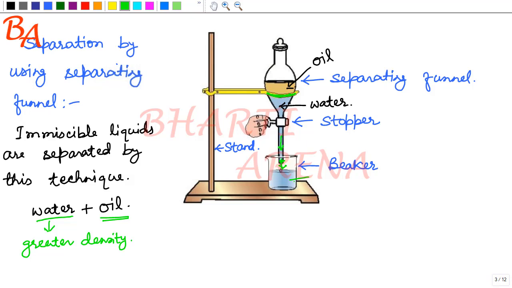Thus we get water in this beaker and the oil will remain in the separating funnel. So by this method we can separate the mixture of liquids having different density. This method is generally used for separating oil from water.